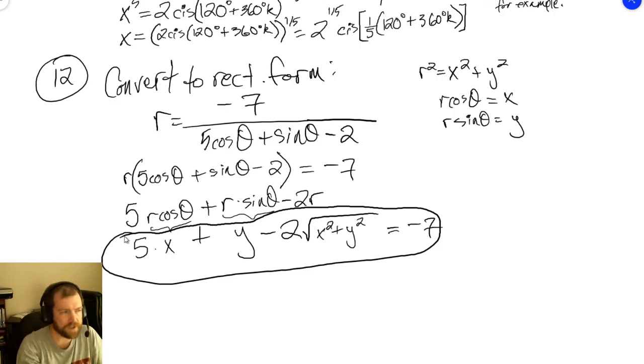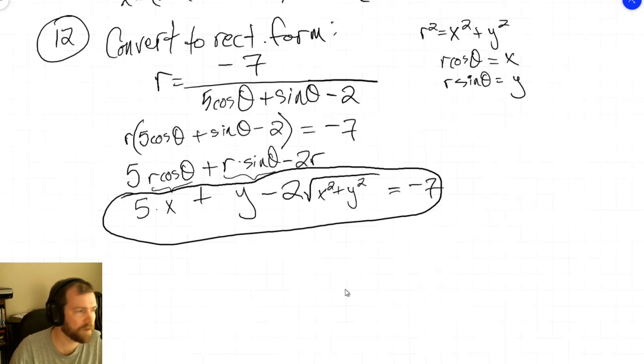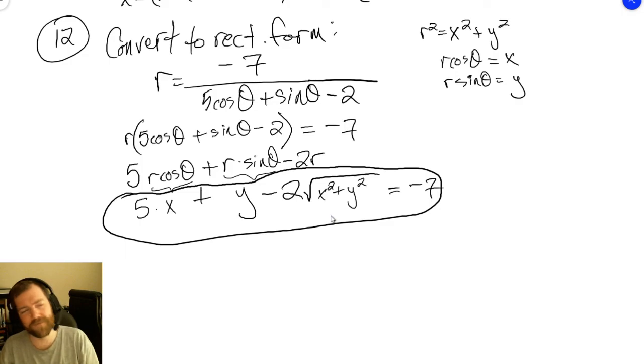You could plug this into Desmos, and again, get some sort of graph. All right, this is a 4-pointer. Basically, I'm doing like 2 or 3 points for all the conversions and 1 point for work, since it's such a condensed problem. All right, cool. So this has been the final exam for my pre-calculus class.